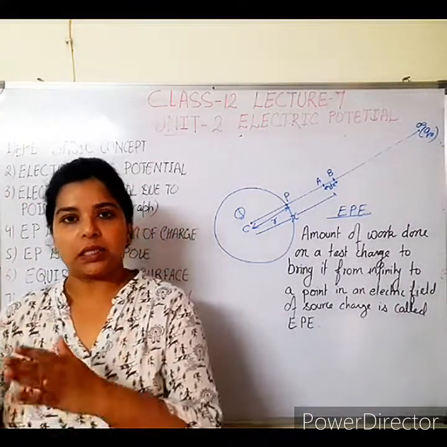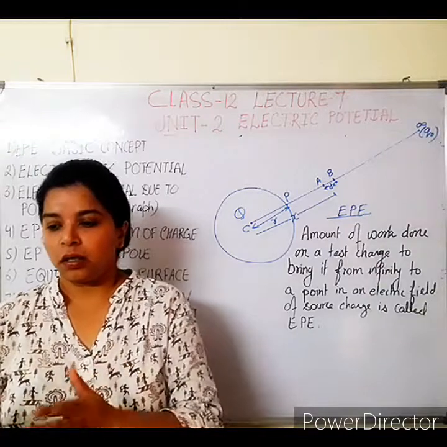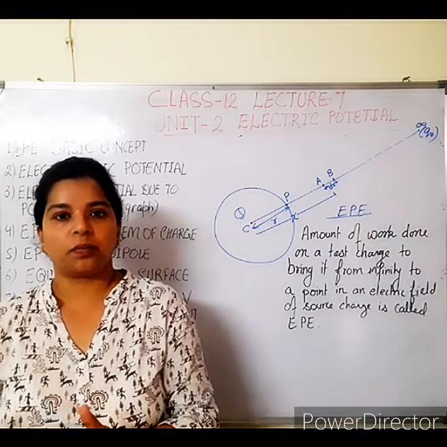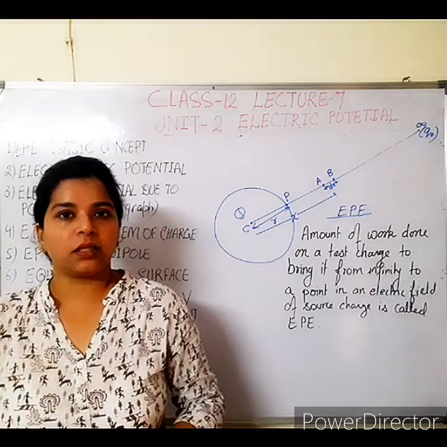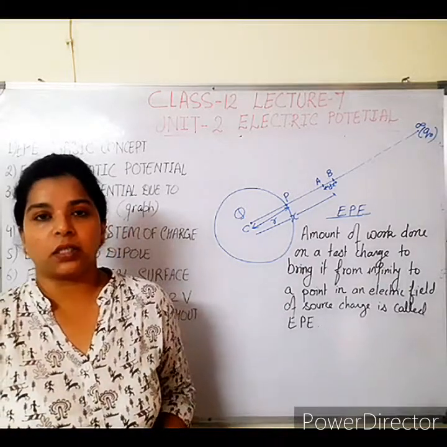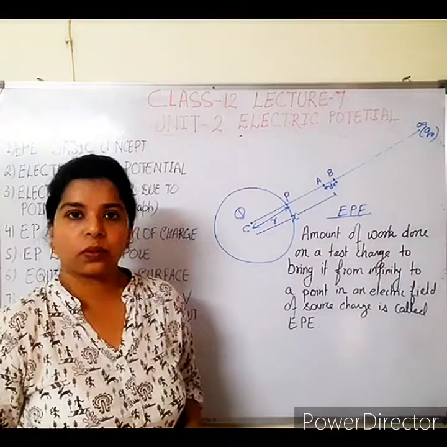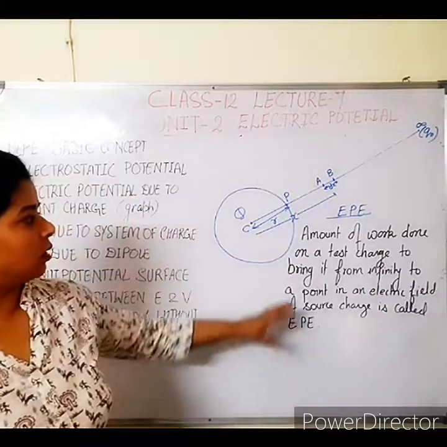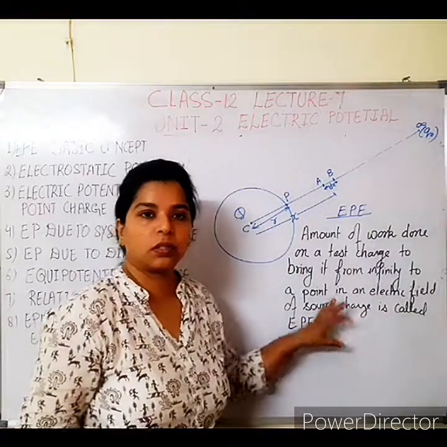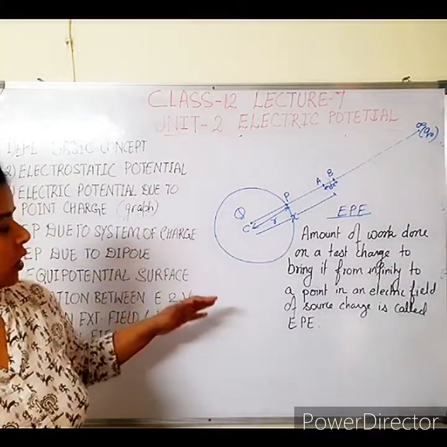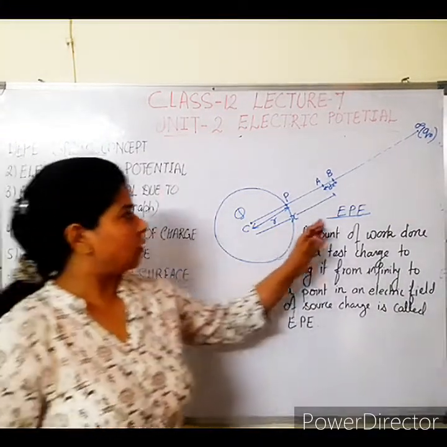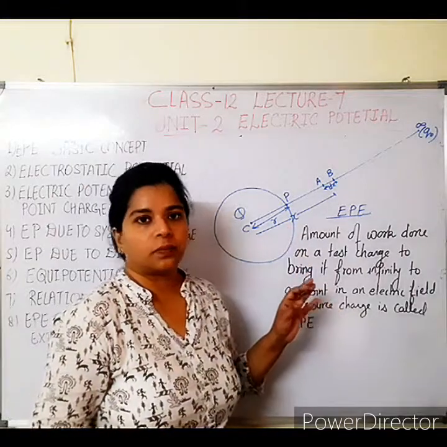It is present in the same room where the limit of the force of attraction or repulsion is removed. From that limit we can say that the infinity point starts. Note down this definition because it is very important for each and every step of solving electrostatic potential energy.